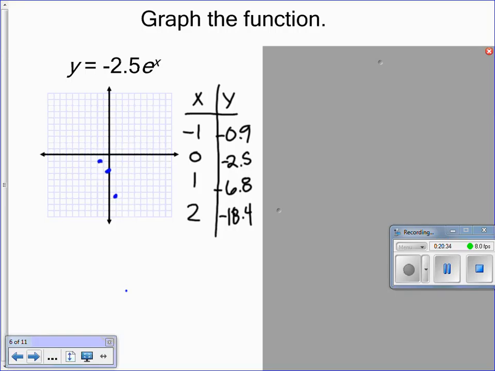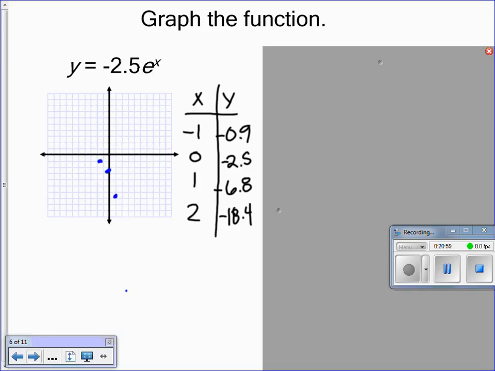Now, some of us may say, gosh, those 3 or 4 points I plotted, I'm not really sure what my curve exactly looks like. I can kind of tell what's going to happen on the right side. Because I have that negative 18, this whole graph is going to have to be going down on the right side. And then some of us can piece back what might happen on the other side.